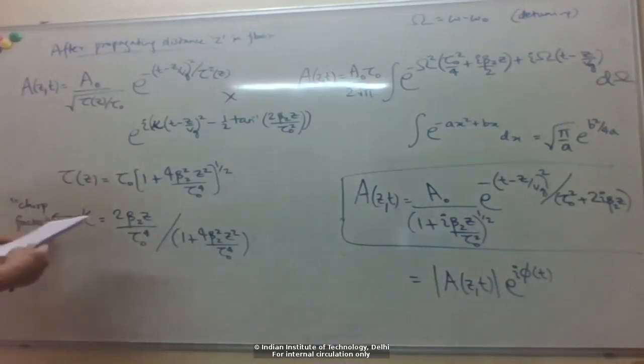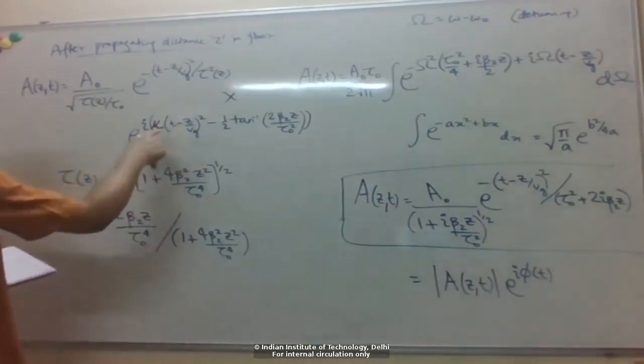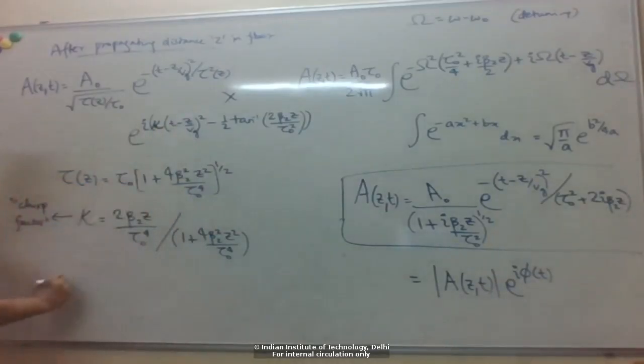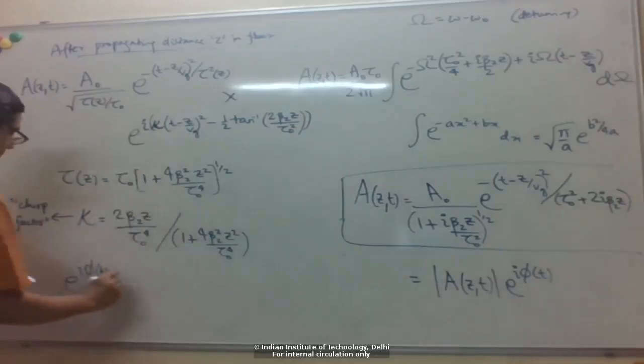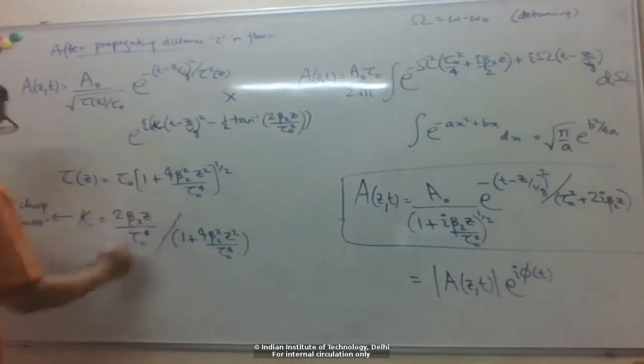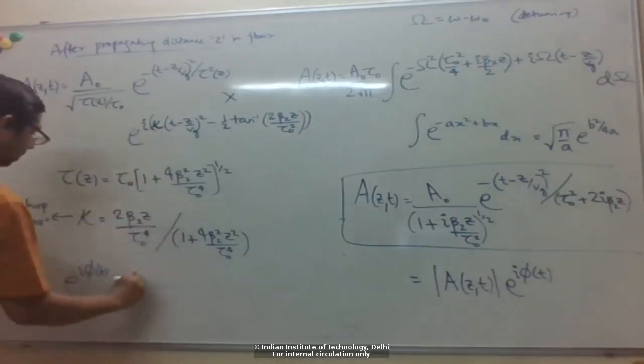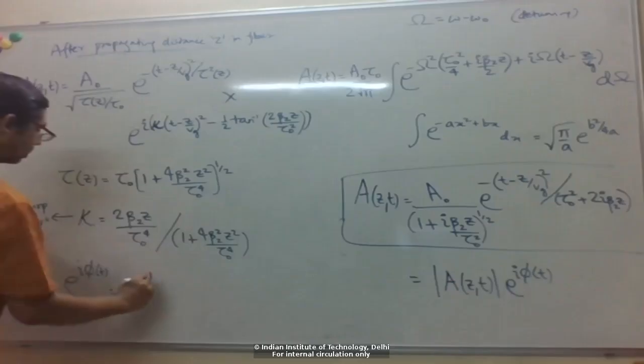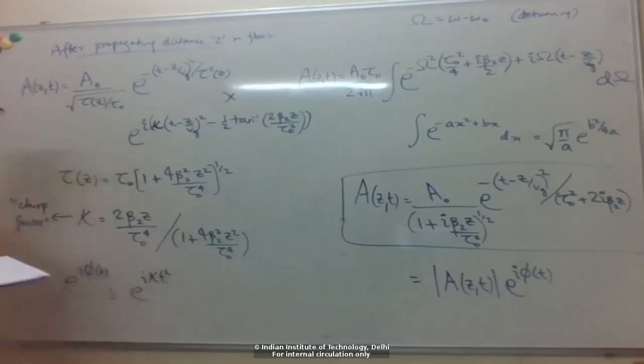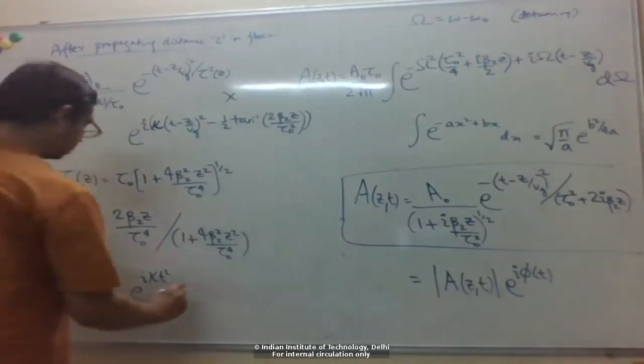Right, so why is this called the chirp factor? You can see the phase here. We have some phase that looks like e to the i kappa t squared.